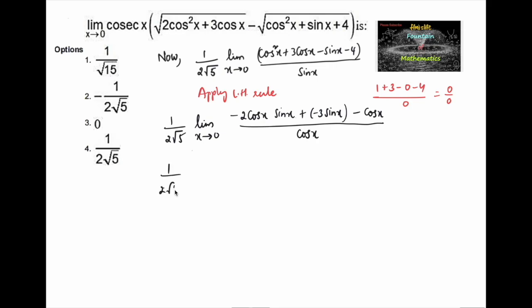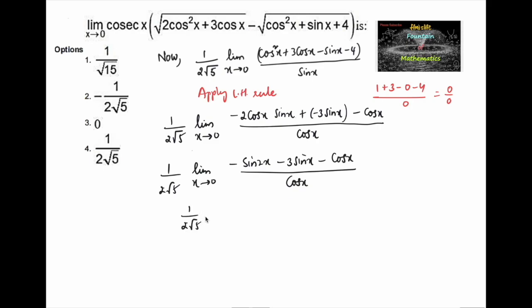So 1 upon 2 root 5, limit x tends to 0, 2 cos x sin x is sin 2x, we can write minus sin 2x minus 3 sin x minus cos x, divided by cos x. Now it is not 0 by 0 form. Let's apply the limit x tends to 0.